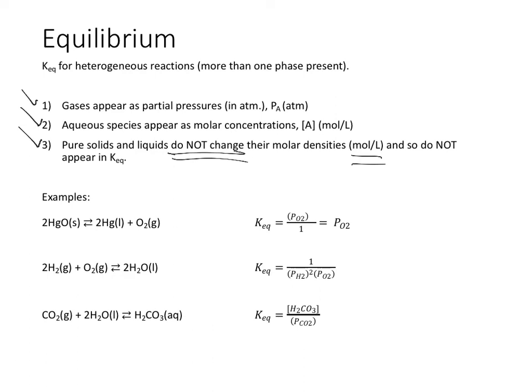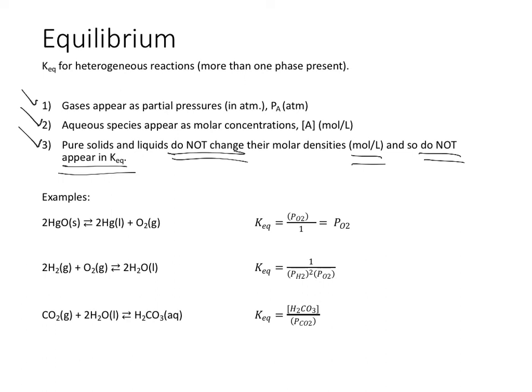It doesn't matter whether I've got a drop or a gallon. The moles per liter, the density of a solid like sugar, doesn't change. It doesn't matter whether I have a teaspoon at the bottom of the glass or a cup of sugar at the bottom of the glass. So those pure liquids and pure solids do not appear in KEQ.